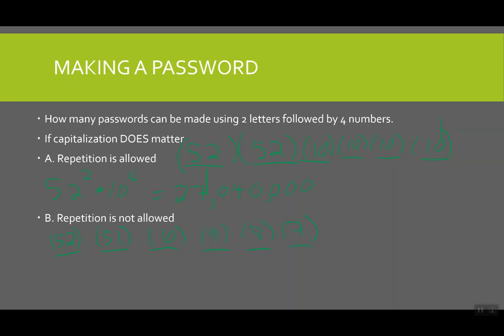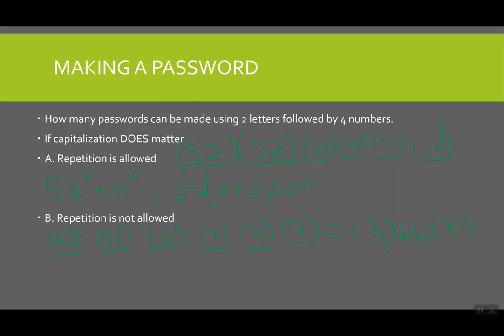So 52, 51, 10, 9, 8, 7. And again, I like to put in my parentheses. So now I have 13,366,080 different ways to pick a password where I do care about capitalization if I'm not allowed to repeat.